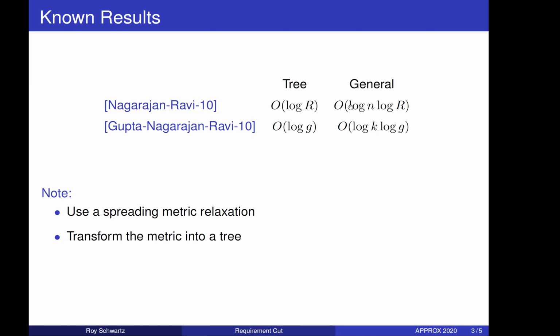Here you can see that the log R in the original work comes from rounding on the tree, and you use log n just by using HSTs. In this work, they show that you can, in some way, intuitively stop the construction of HSTs slightly earlier, but it's still good for this purpose, and you lose only log k and not log n.